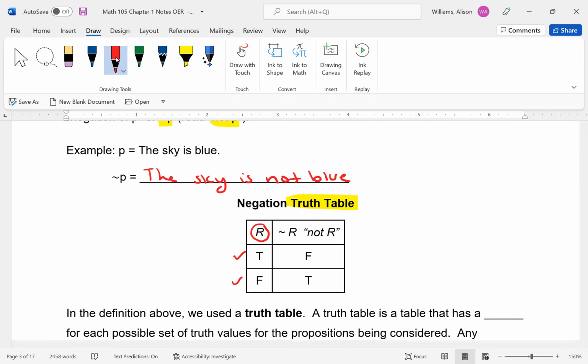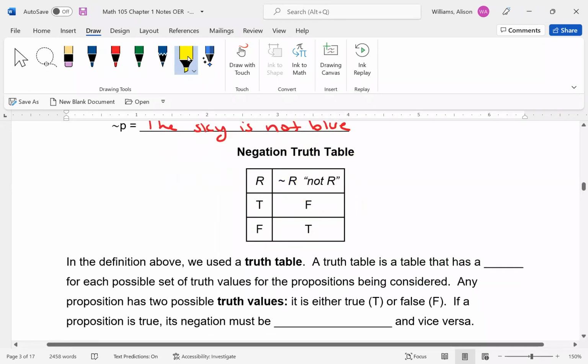That means that when we put the tilde in front and we're talking about the opposite of R, or not R, it has the opposite truth value. Not R would be false if R is true, whereas if R is false, then not R would be true. So it has the opposite in terms of its truth. That's a truth table, and we're going to look more at that in the homework.